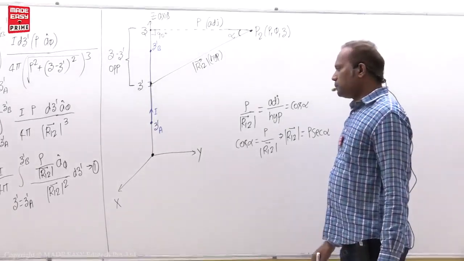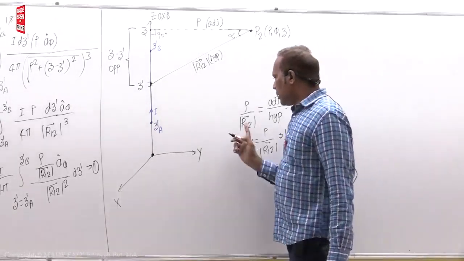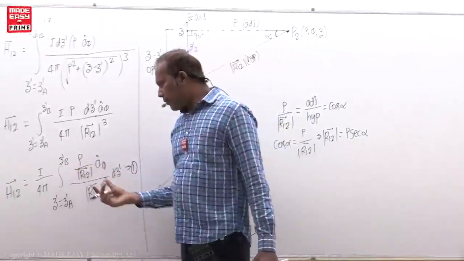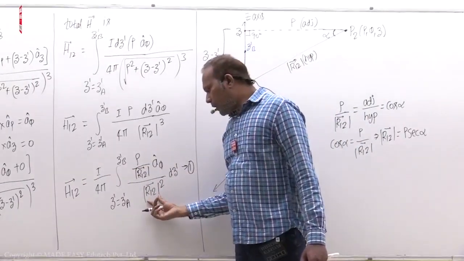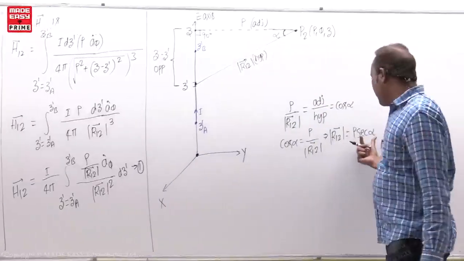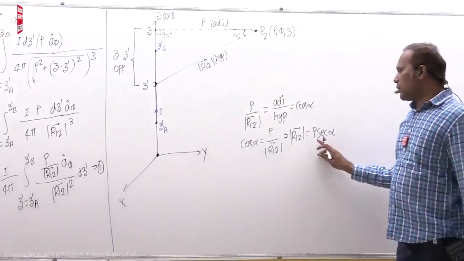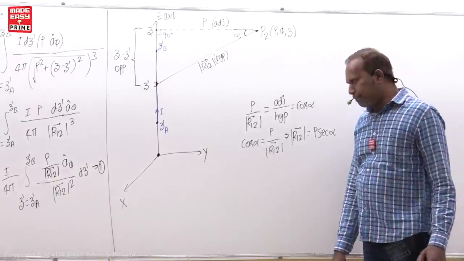Now you have written rho by mod R12 as cos alpha, and modulus of R12 as rho sec alpha. Mod R12 whole square means rho square sec square alpha you get.